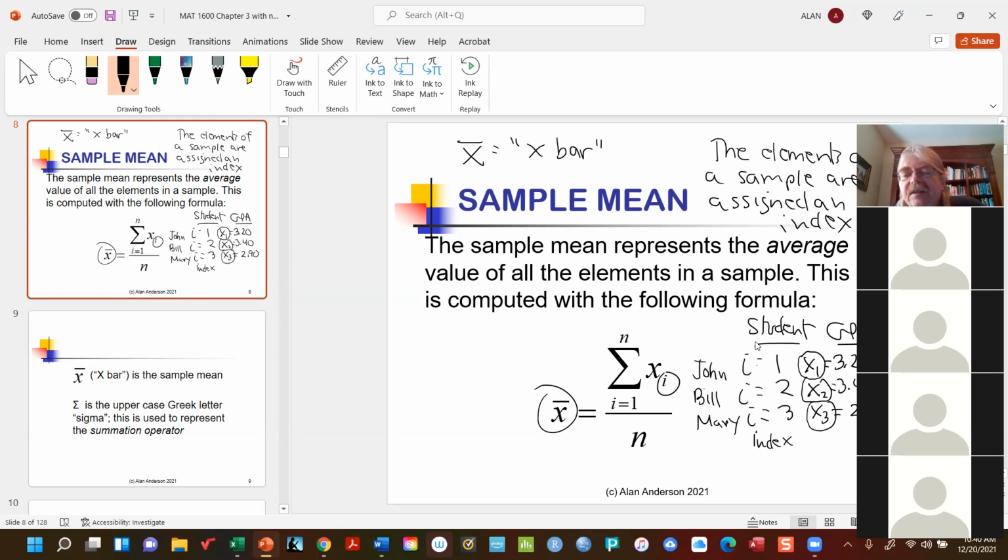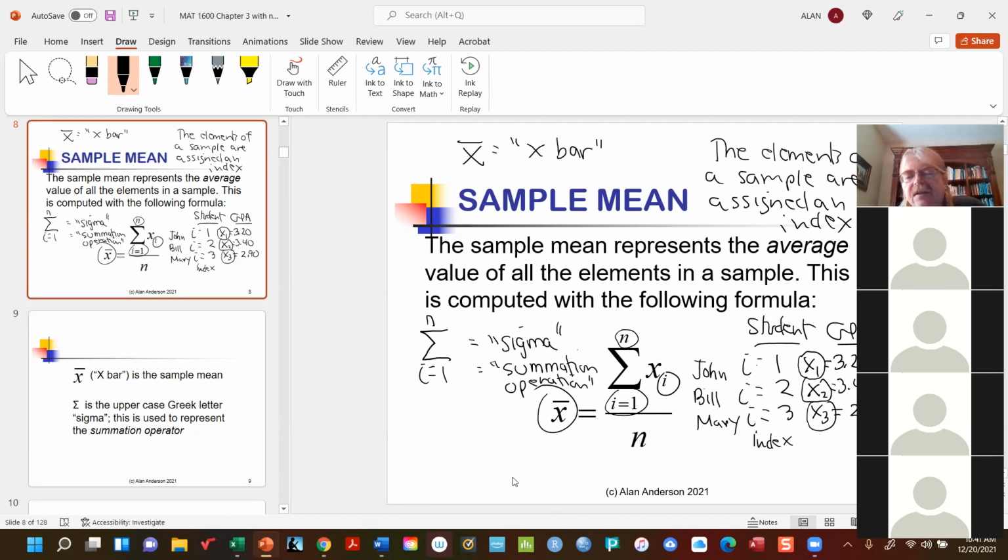Now, the big mysterious symbol right here is actually the Greek letter sigma. It is often referred to as the summation operator because it tells us to add something up. And it also contains this information, I equals 1 to n.